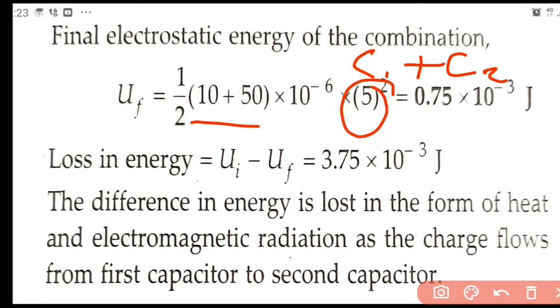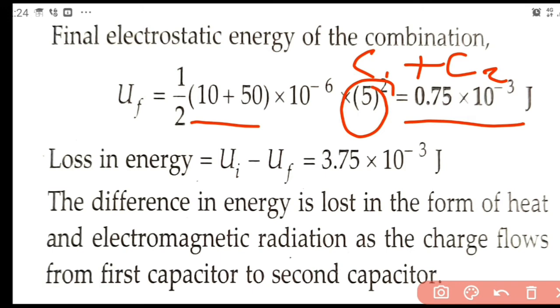So our expression becomes half into C1 plus C2 into V square, where V is the common potential. Substituting, we get 0.75 into 10 raised to minus 3 joules.